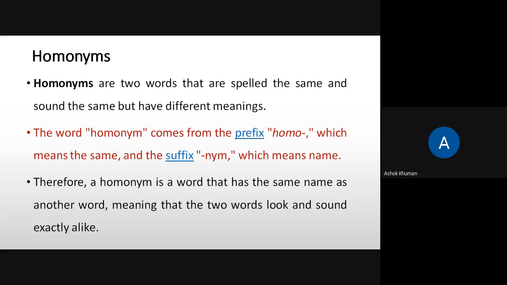Either they are similar in sound or similar in writing, in spelling, but meaning is always different. Only spelling can be the same or sound can be the same, but meaning is always different.